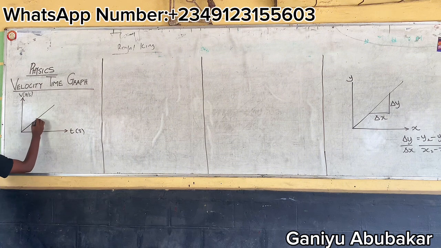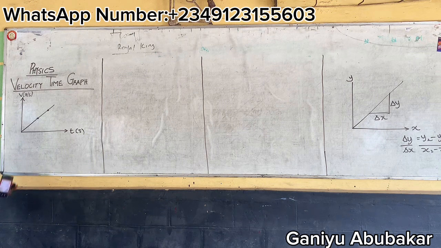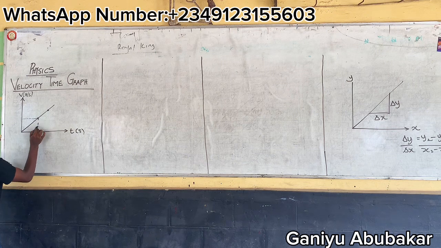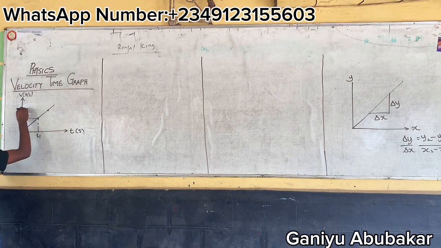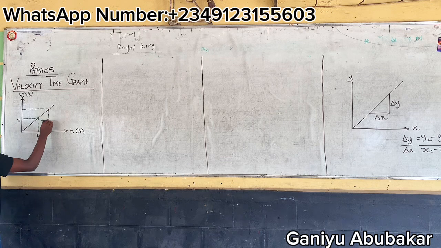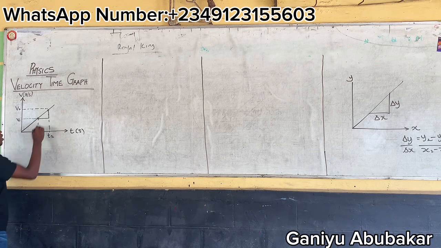Let's say I have two points on this line. These two points will have different values of t and v. This point has T1 and V1. The other point has T2 and V2. This forms a triangle.